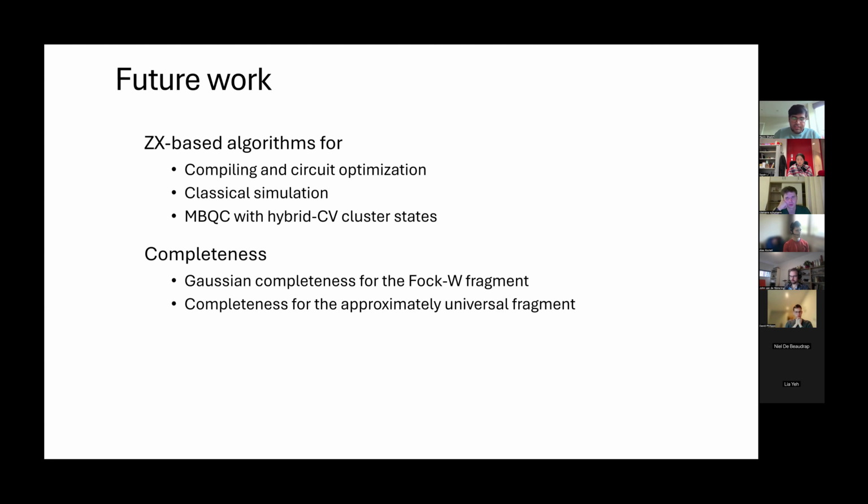Recently, with Titwan and Cole, we have started looking into that. It would also be cool to prove completeness for the approximately universal fragment, because you would need that for universal quantum computing. Beyond that, proving it for the complete universal fragment would probably be very difficult, if not impossible, because I'm not sure even how you would define the semantics in that case.